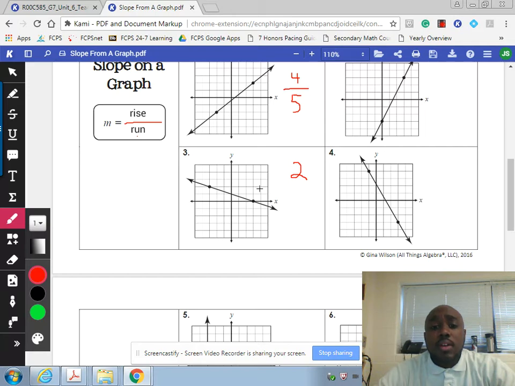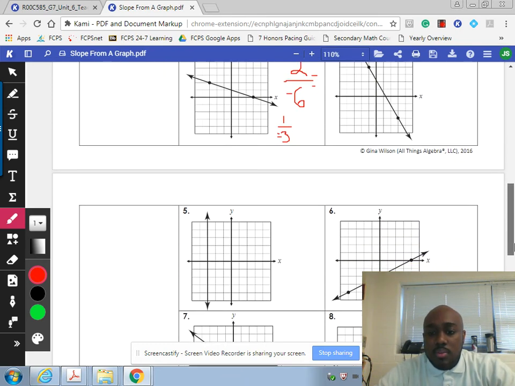So anytime we're moving to the left when we're talking about our run, that second number is going to be negative. As a result, we have -6 for our second one. But as we look at this, we notice that this can be reduced, and when we reduce this, it will be reduced down to 1/-3. Negative. All right, so let's do another example.